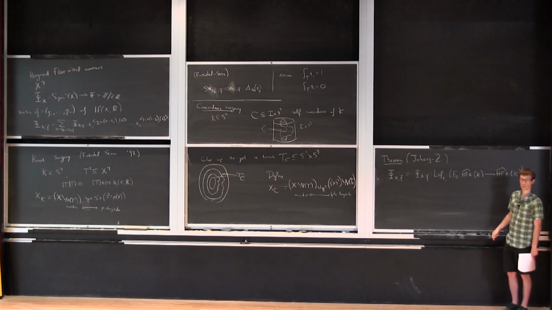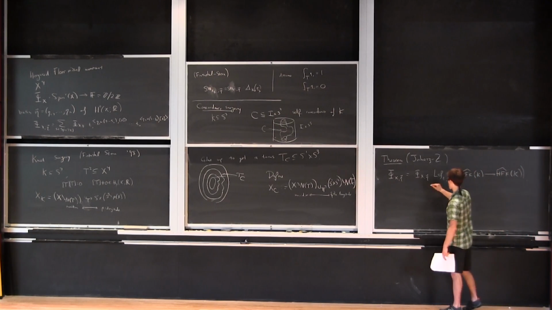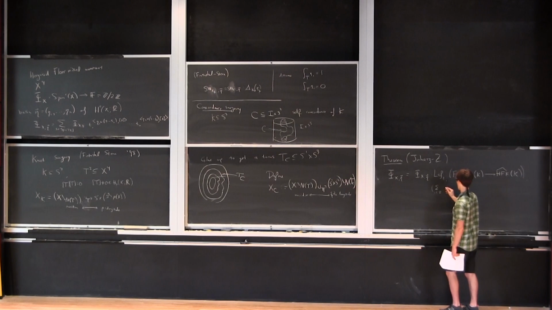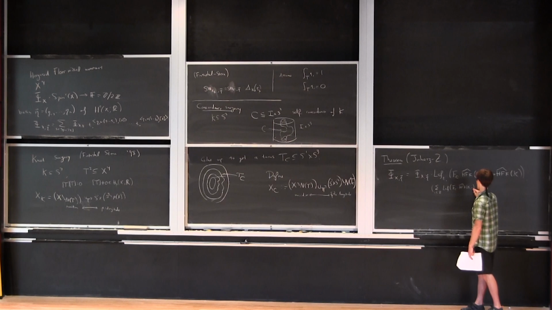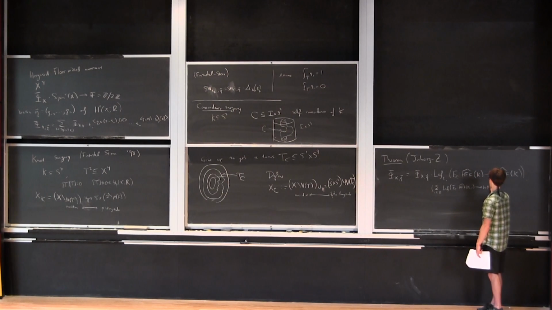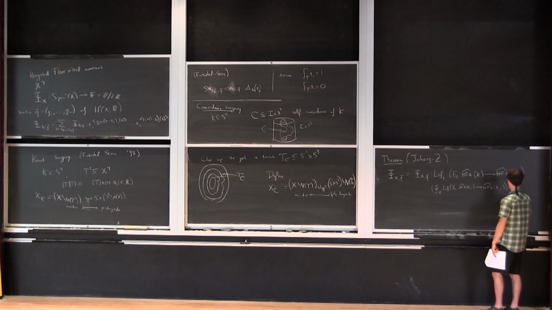It's graded in the Alexander grading, so we could instead write this as the sum over i in Z of the Lefschetz number of FC restricted to the i-th Alexander grading, HFK hat of K, i, times t1 to the i.